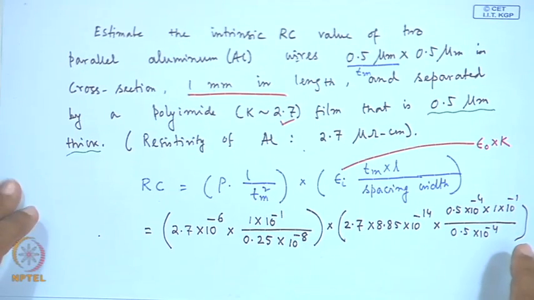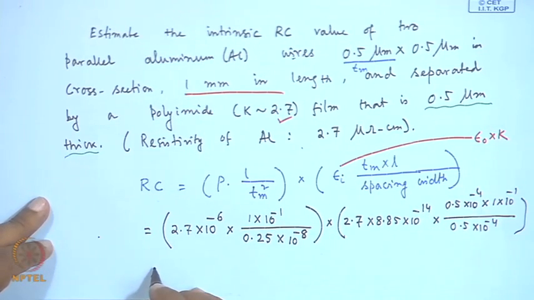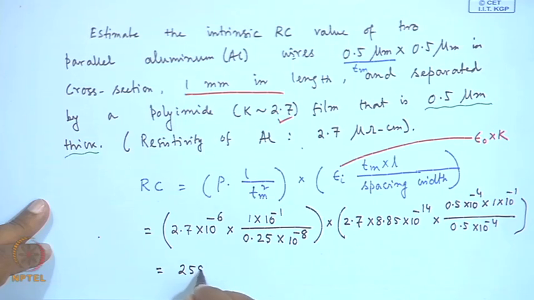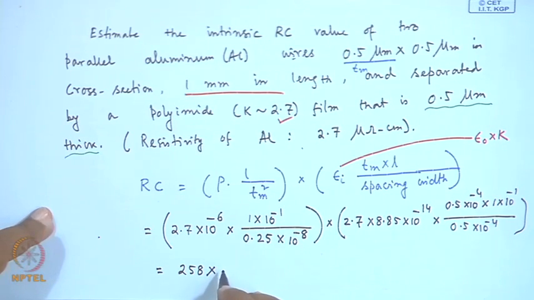So, with this we find that the value of RC, that means the delay, is 258 if you work out with some manipulation, 258 into 10 to the power minus 14 second.